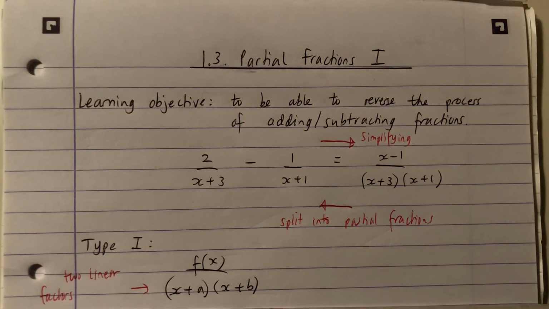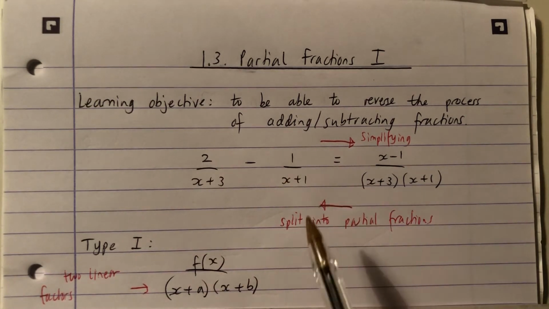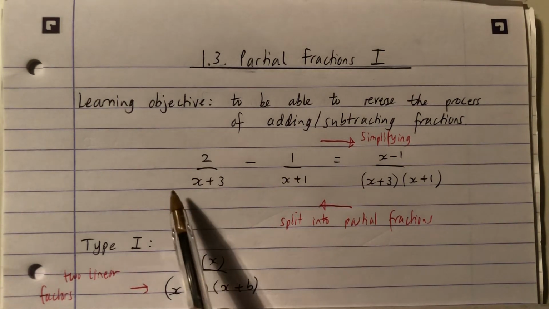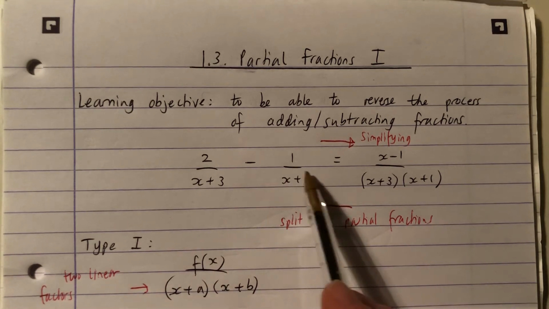That's type 1, and you can guess what the answer is going to look like. Based on above, the things you can guess easily are what these denominators would be.